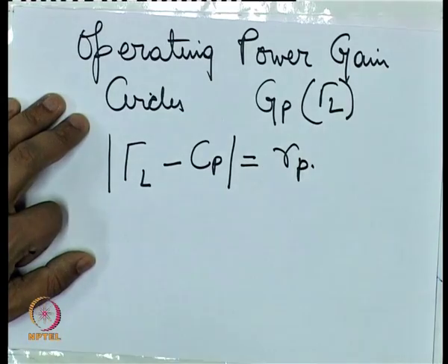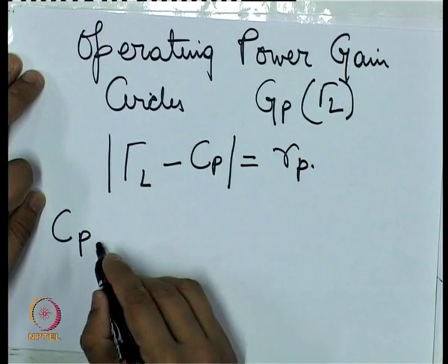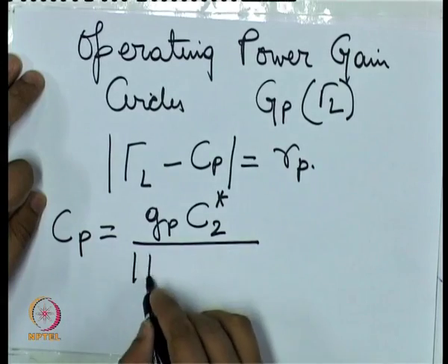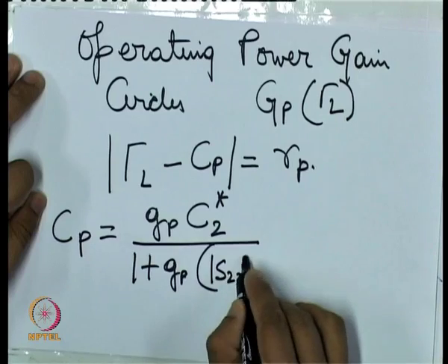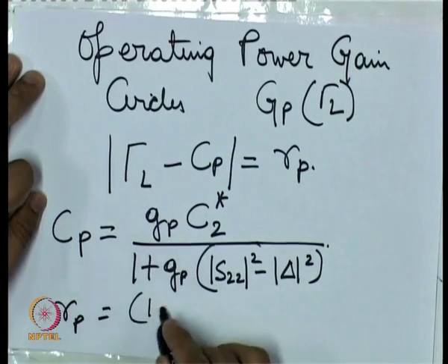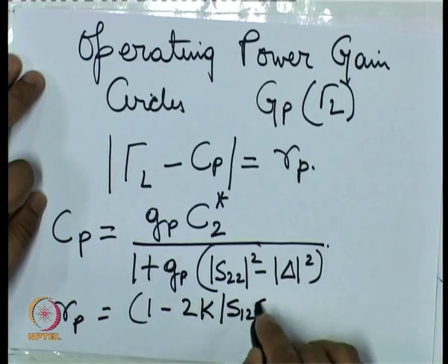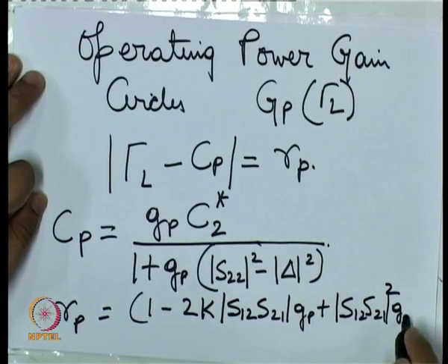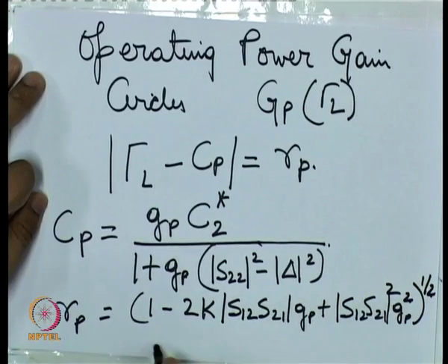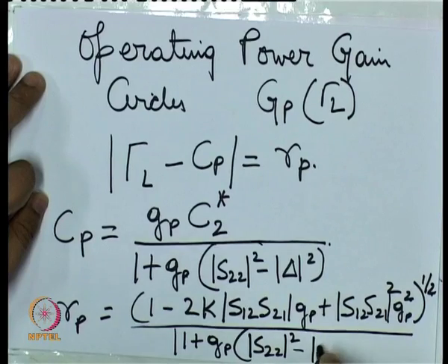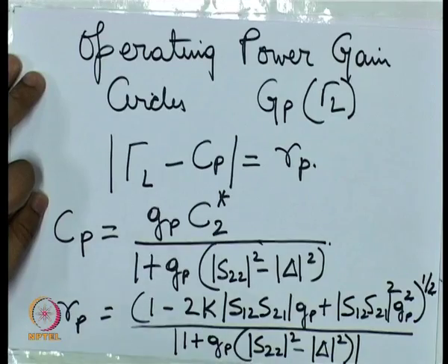It can be shown that the locus is like this, where this Cp is given by this.